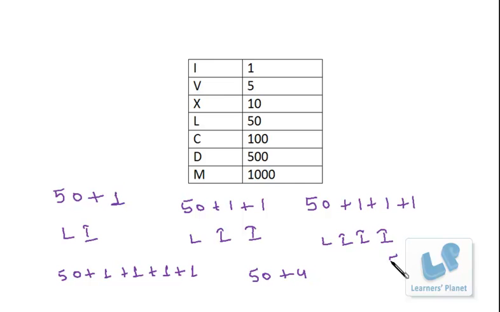That is 5 minus 1. That means if I deduct 1 from 5, I'll get 4. And how do I do that? If I write I on the left side of V, then I'll get 4. Okay. So it's IV. So what is 50 plus 4? 54. That is 50 is L and 4 is IV. Okay.